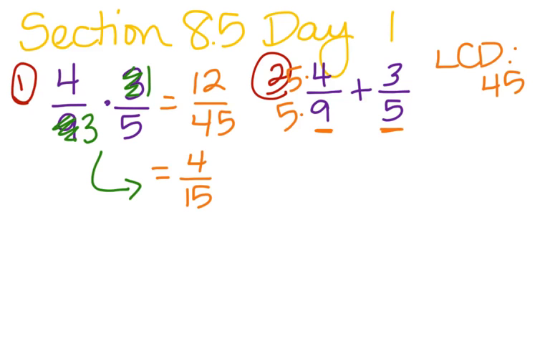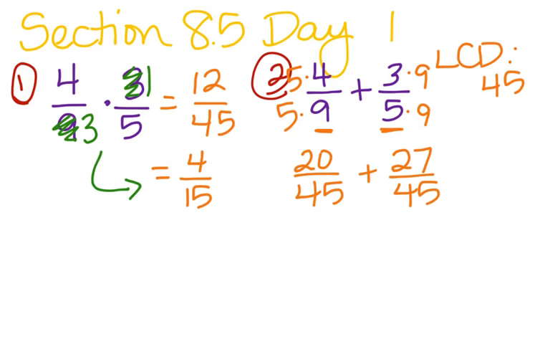Also multiply the numerator by 5. And then you'd multiply the 5 by what it's missing, which would be a 9. And then you would go from there. You would get 20 over 45 plus 27 over 45. And then add the numerators together, and you would get 47 over 45.